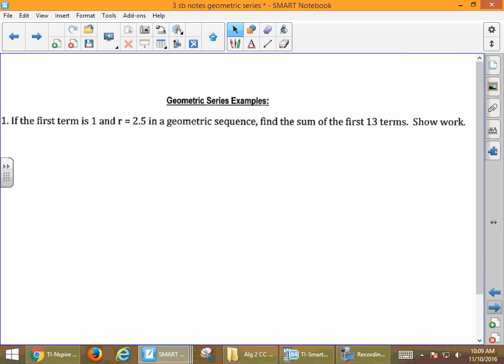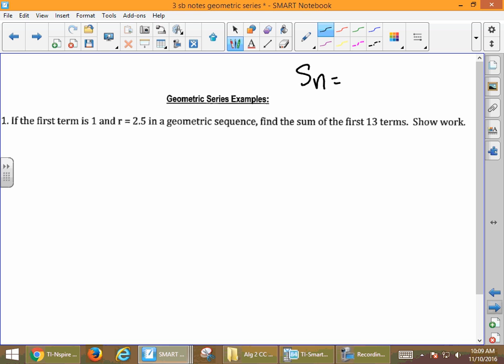Once again, what we might want to do at the top of our paper is write down what that formula is. S sub n equals a sub 1 minus a sub 1 times r to the n divided by 1 minus r. Just because you don't want to flip back and forth more than you have to already today.